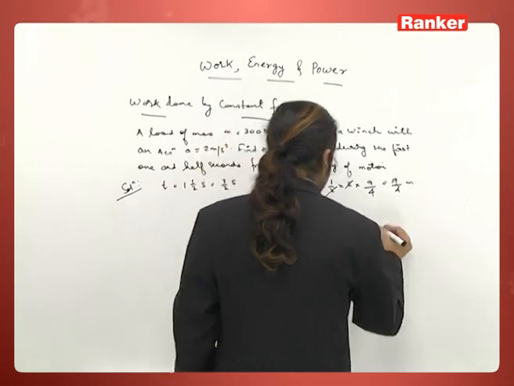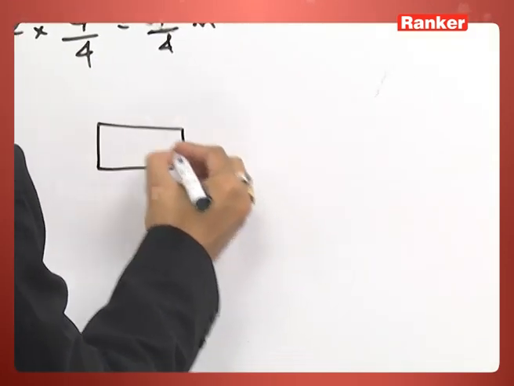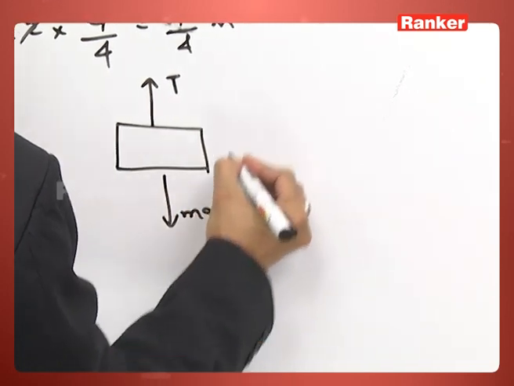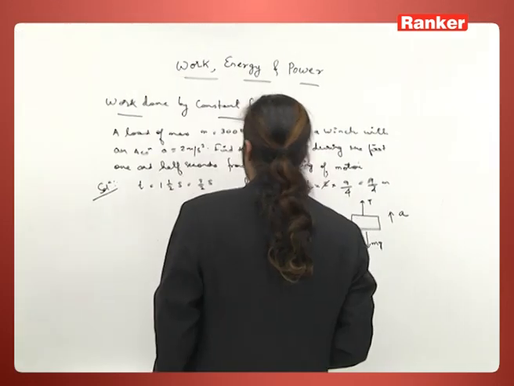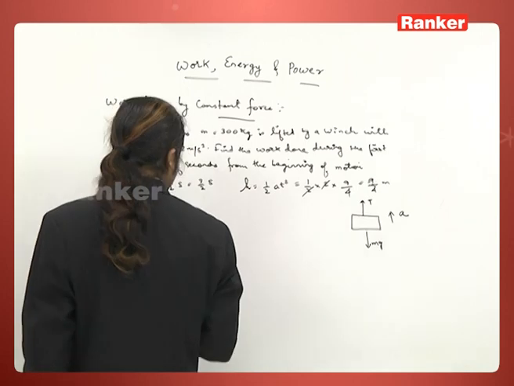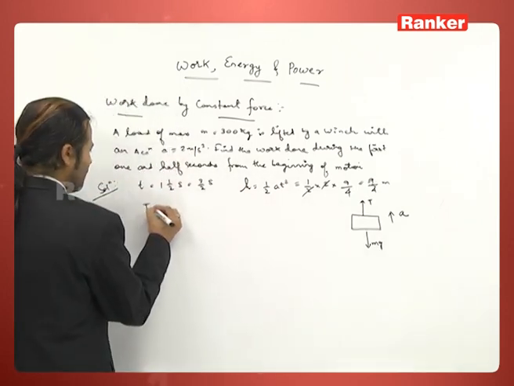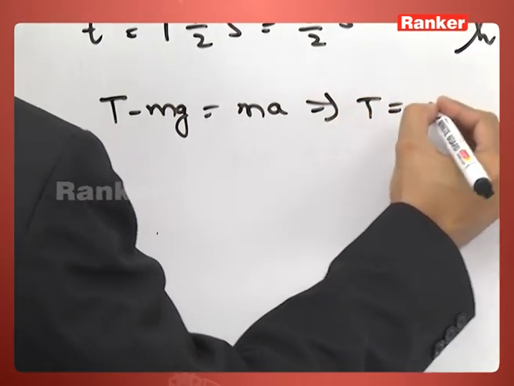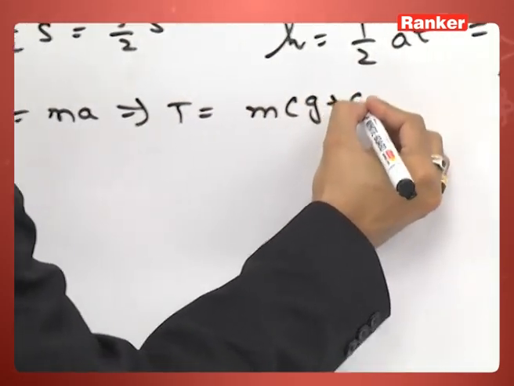Now here it is lifted, tension T is upward, mg is downward, acceleration is upward. So here I will write T minus mg is equal to ma, that implies T is equal to m into g plus a.